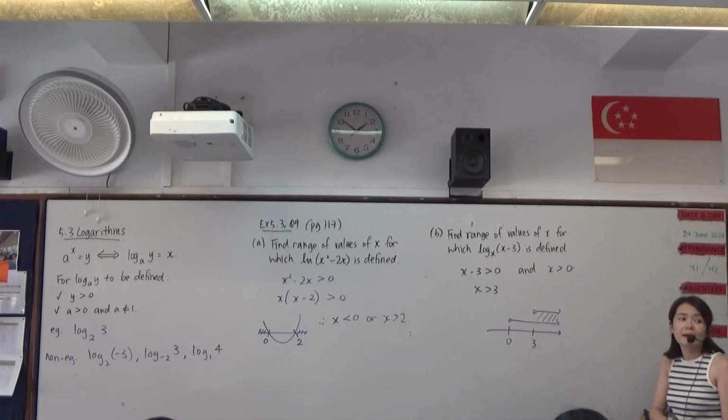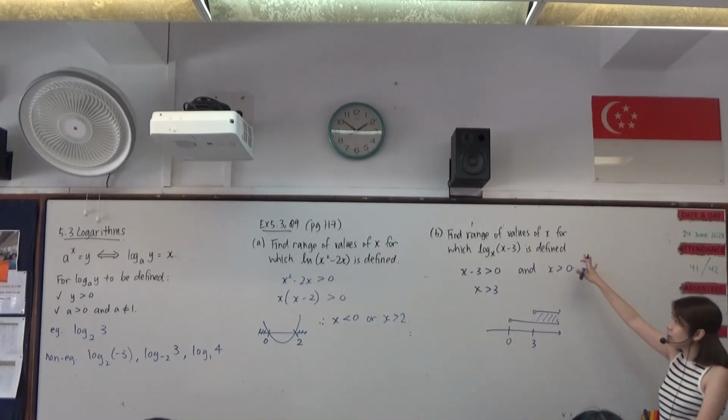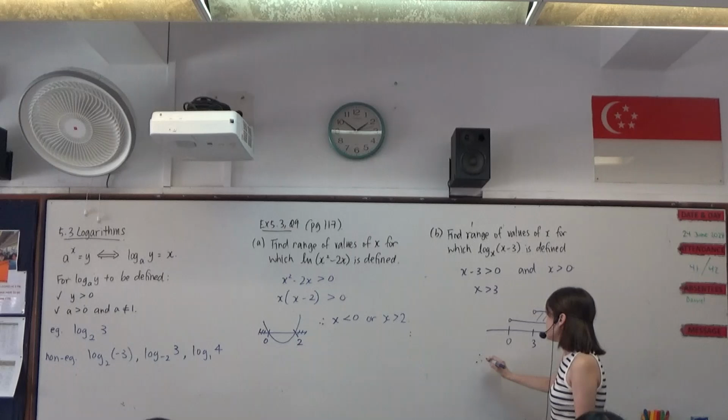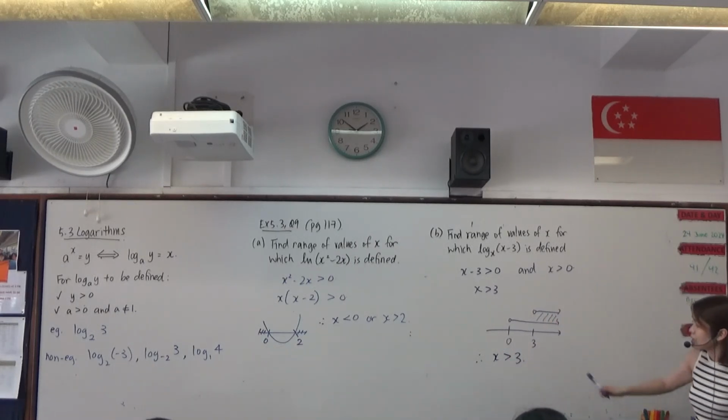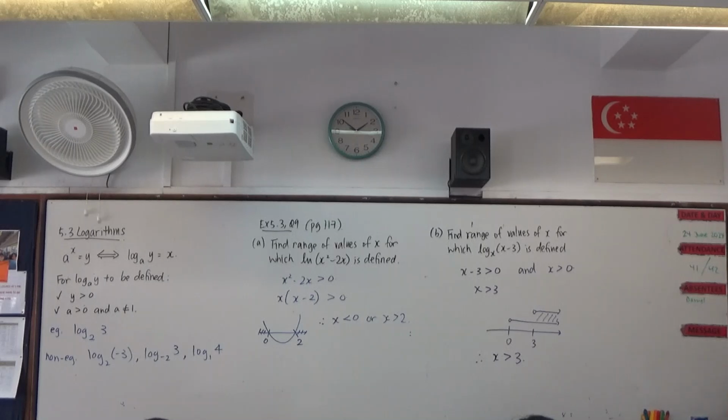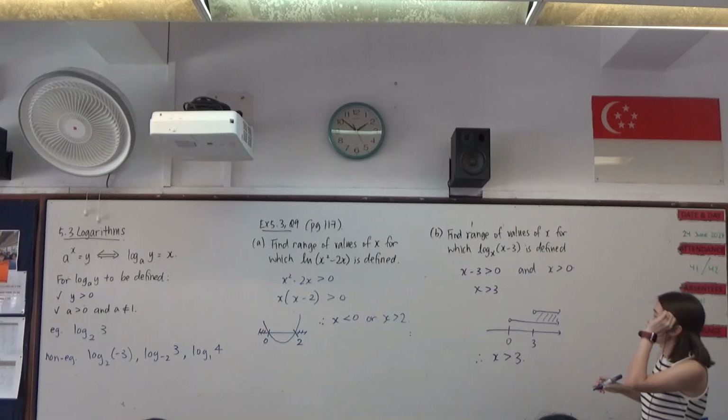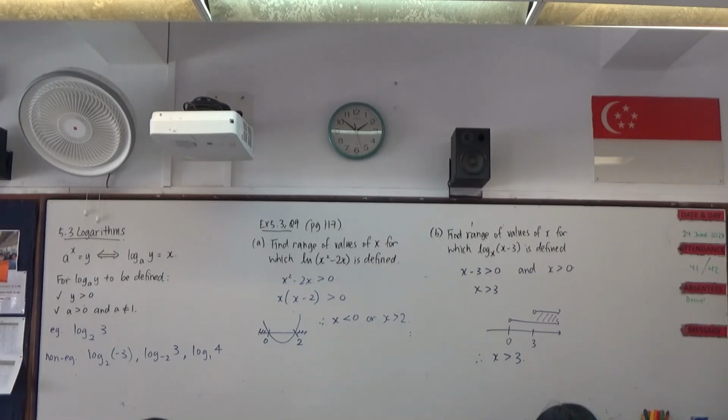So this is the overlap, and therefore the range of values of x for this logarithm to be defined is such that x must be more than 3. So x needs to be more than 3 in order for the logarithm to be defined. So just now your concern about x cannot be equal to 1 is already being addressed since x is more than 3.